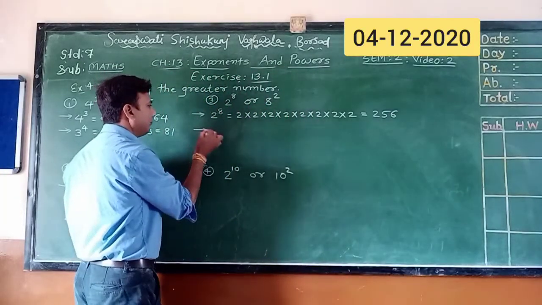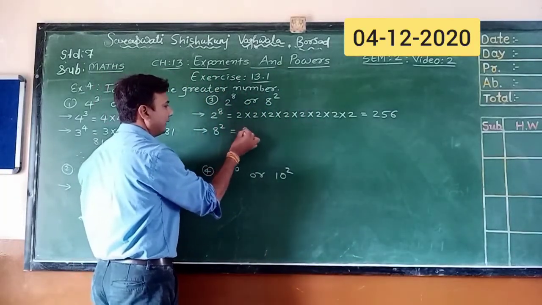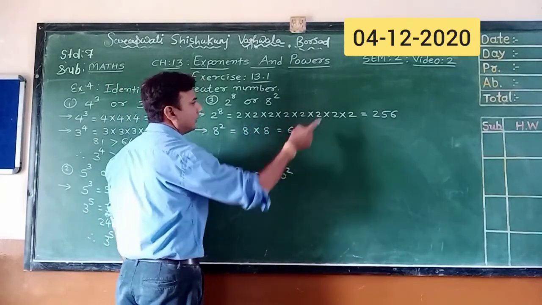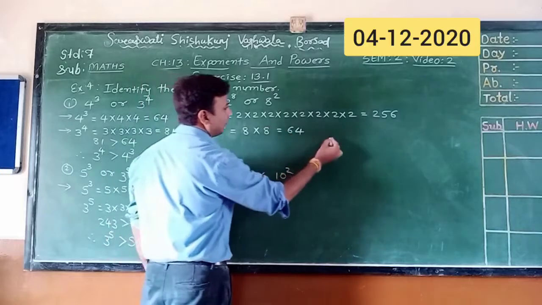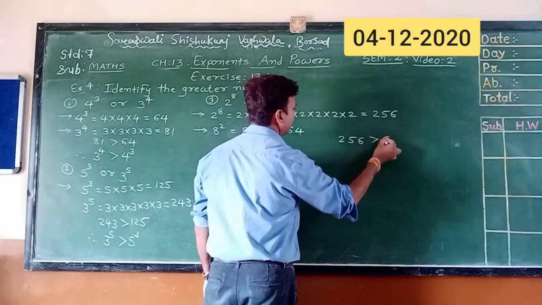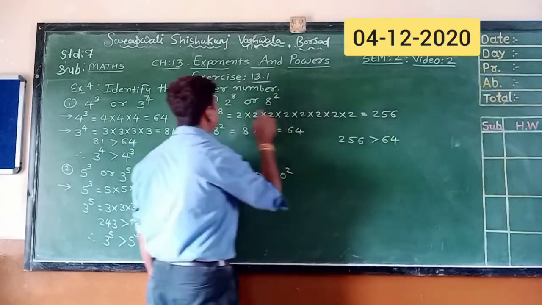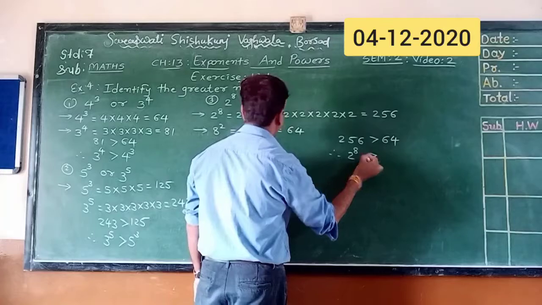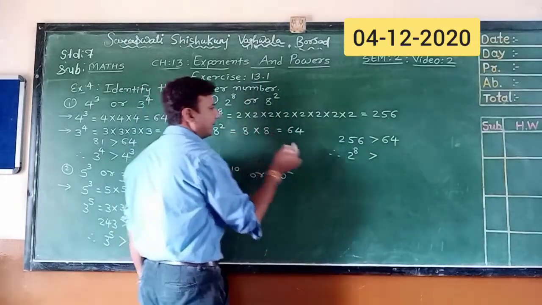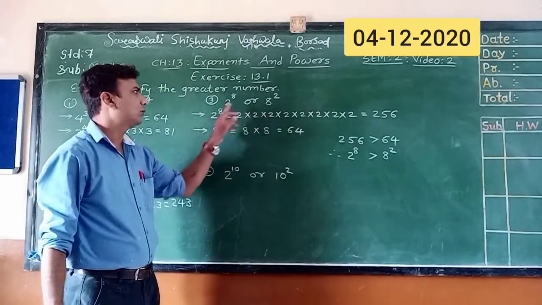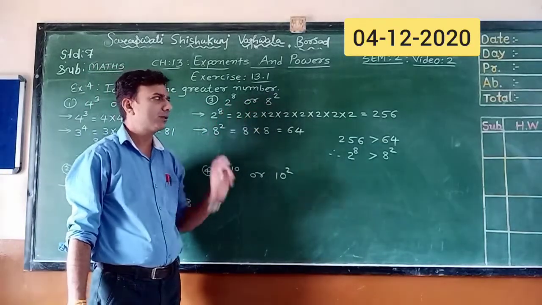And the second number is 8 square, which means 8 multiplied by 8, which is 64. 256 is greater than 64, and 256 means 2 raised to 8. So 2 raised to 8 is greater than 8 square.